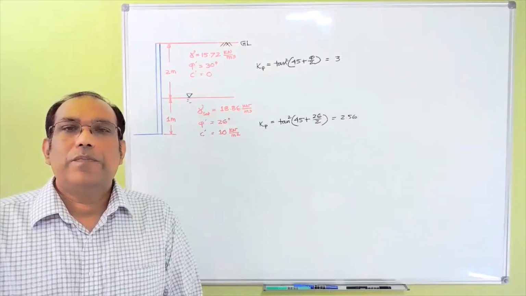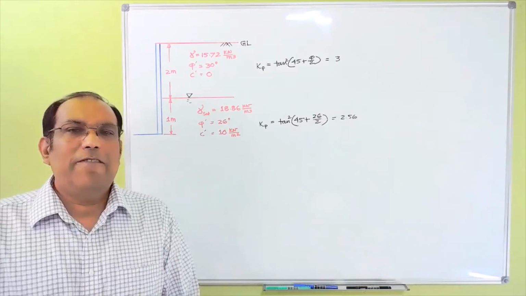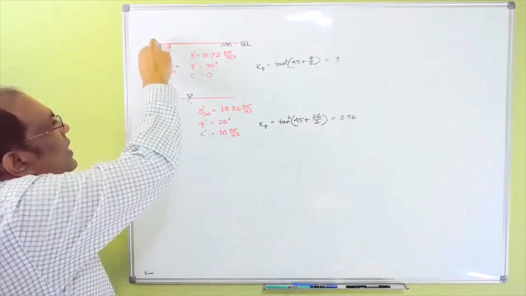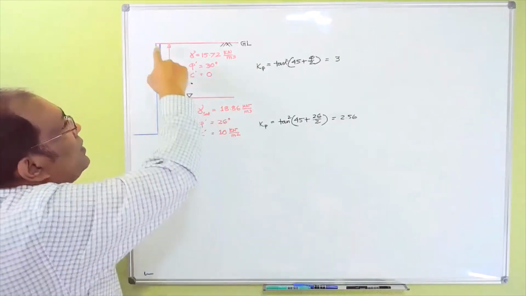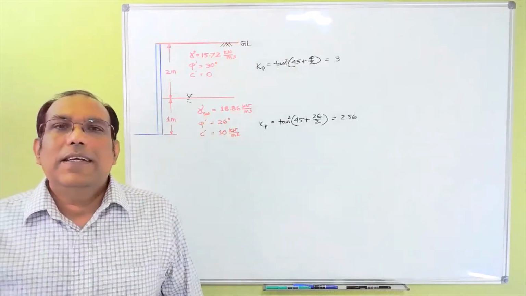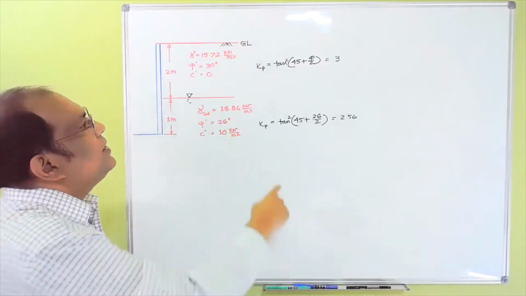Okay. Now you have to remember that this is a very simplified problem because the wall is vertical, and at the same time there is no angle here, so it's flat. In that situation, we can use these formulas.